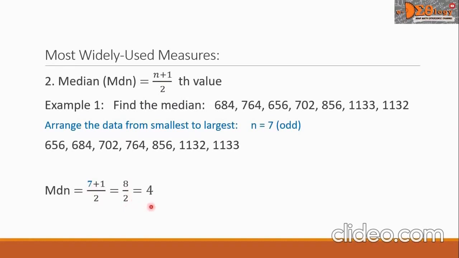This number 4 here describes the fourth value of our arranged data. So finding the fourth value, this is the first, second, third, and the fourth. The 764, that is the median. This is our final answer.